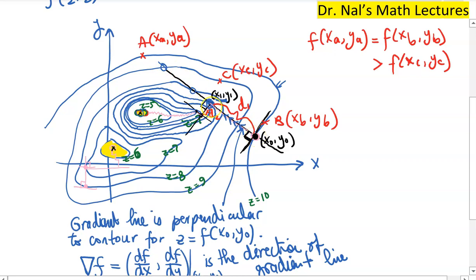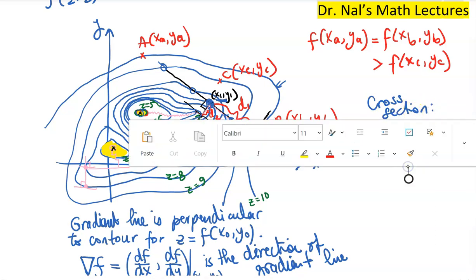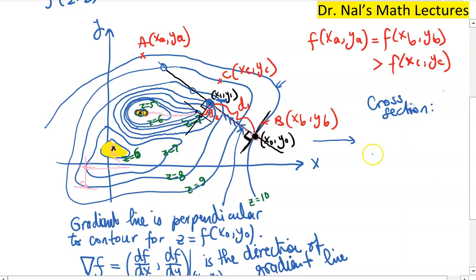So in that direction, we want the smallest value. If I take a cross section, you can imagine it like this. Once we find the direction, the cross section will look like this. It's as if we are walking down a hill, after which it goes up again.